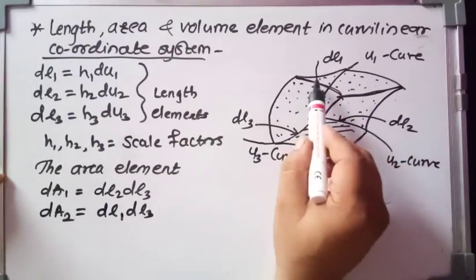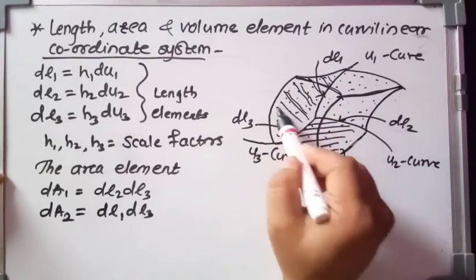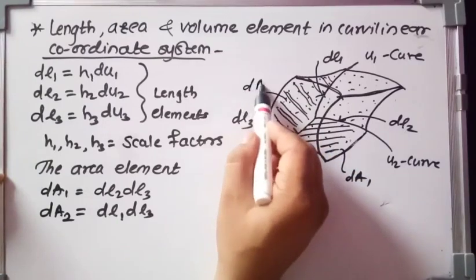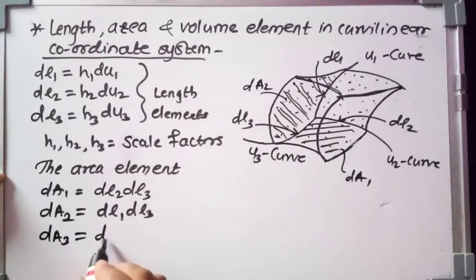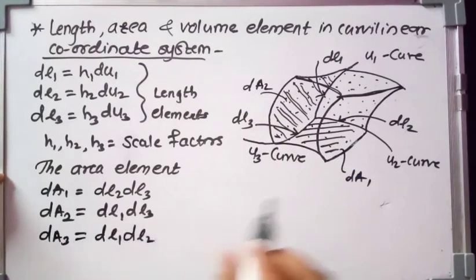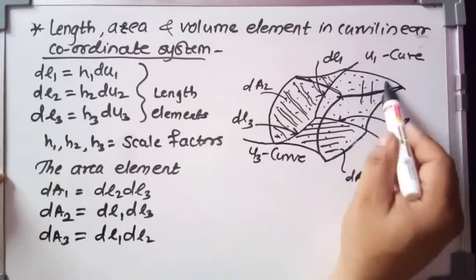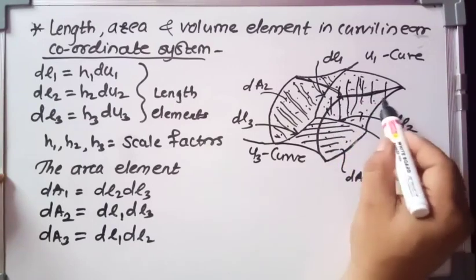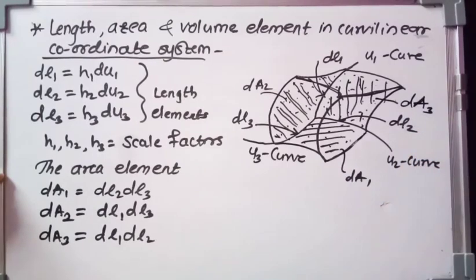This area element is dA2, and I will write now dA3, third area element, dl1, dl2, which is dl1 and this is dl2. This area element is dA3. These are the area elements.